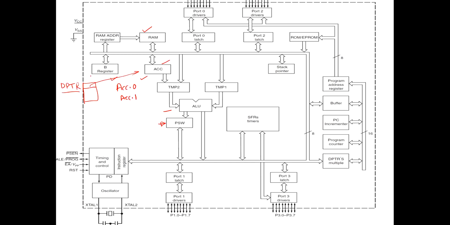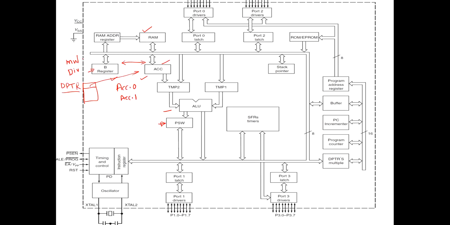Next we have the B register. The B register is also an 8-bit register used along with the accumulator. It is particularly for multiplication and division.